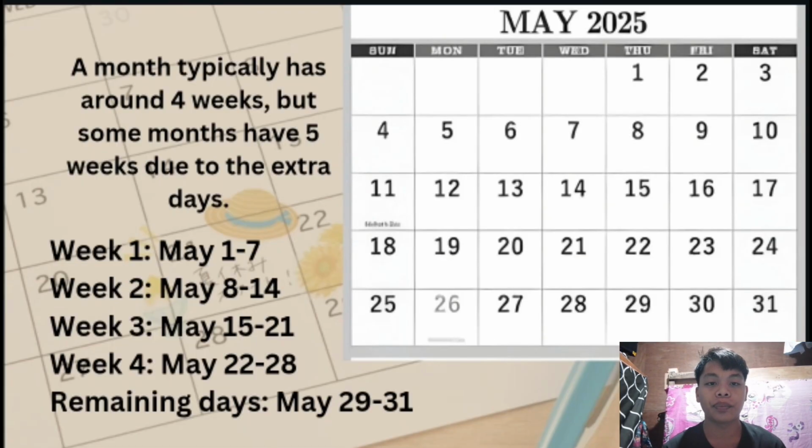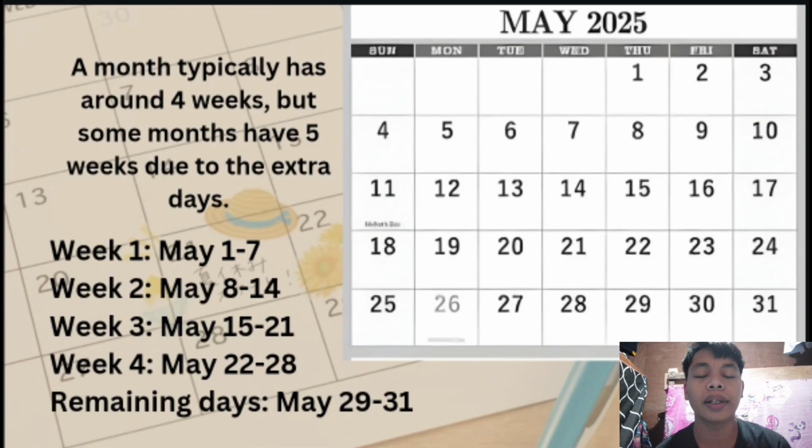A month typically has around 4 weeks, but some months have 5 weeks due to extra days. So week 1 is, for example, here, May 1 to 7. That's week 1, and next is week 2, from May 8 to 14.